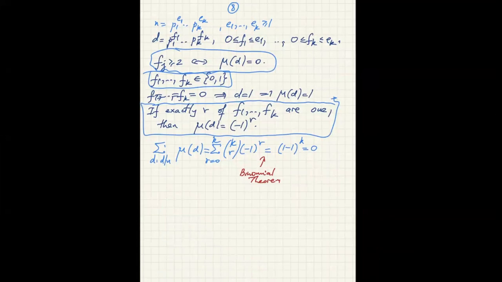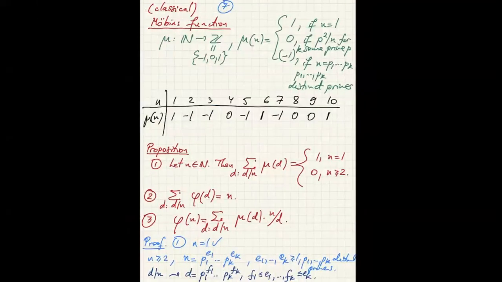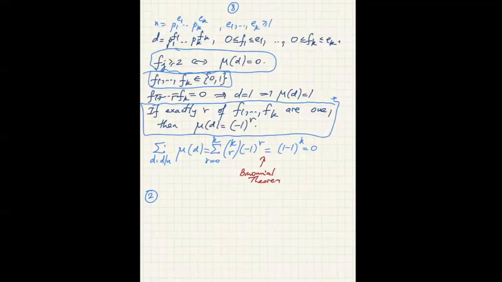Now, for the second one, what I want to prove is this important property of the Euler totient function, that the summation over all d dividing n of phi of d equals n.